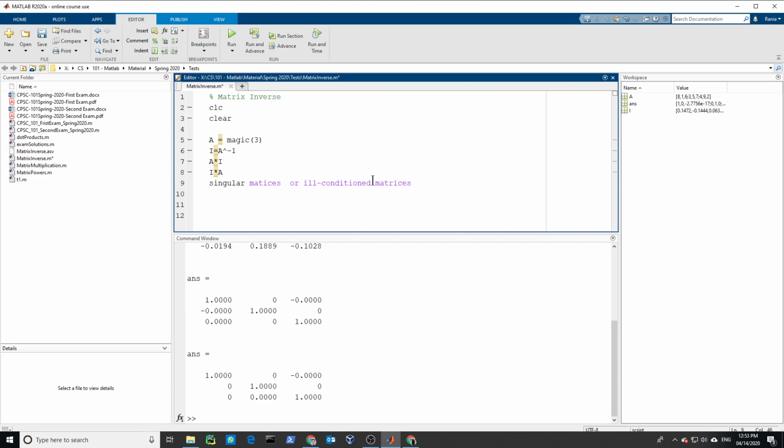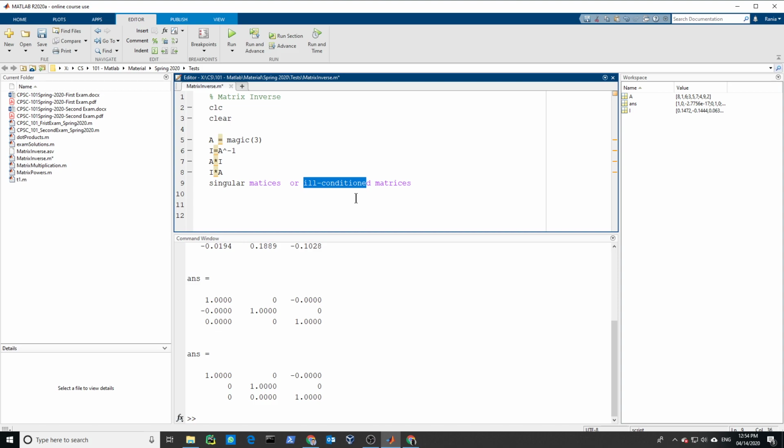Either we call them singular or we call them ill-conditioned matrices. So when you're trying to compute the inverse of an ill-conditioned matrix, it will give you an error. Matlab will give you an error at the command window.